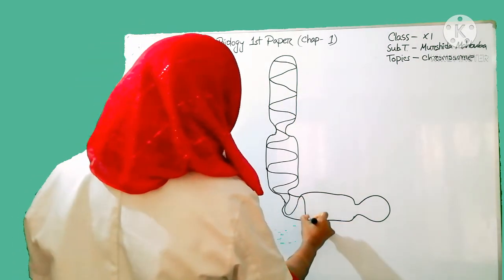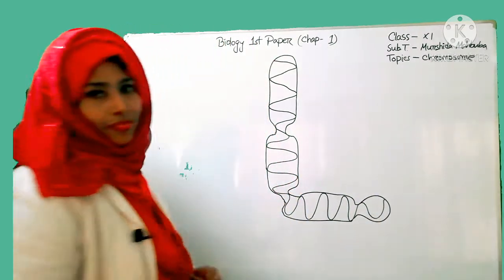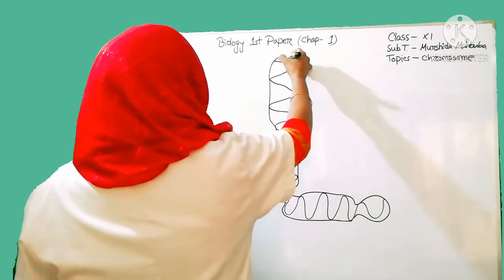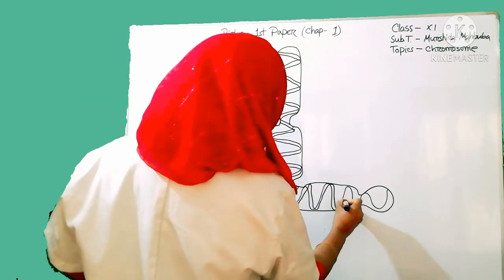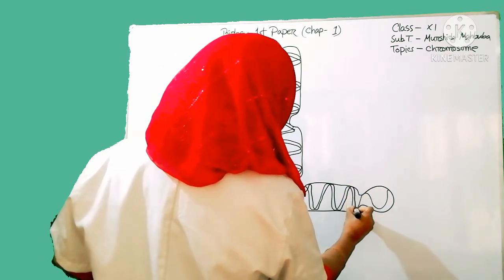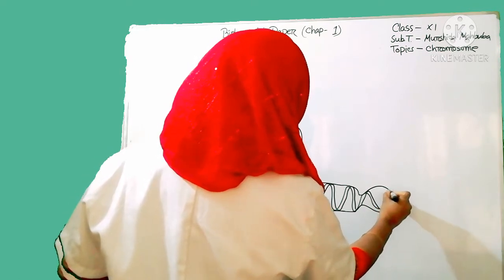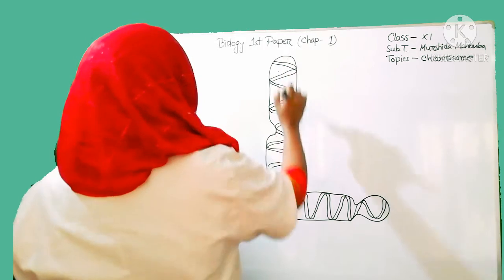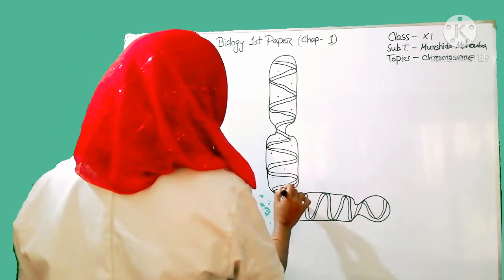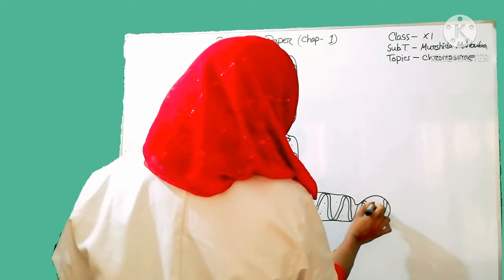They are chromonema. Now we double it. Now we make some dots inside it. Those are matrix.